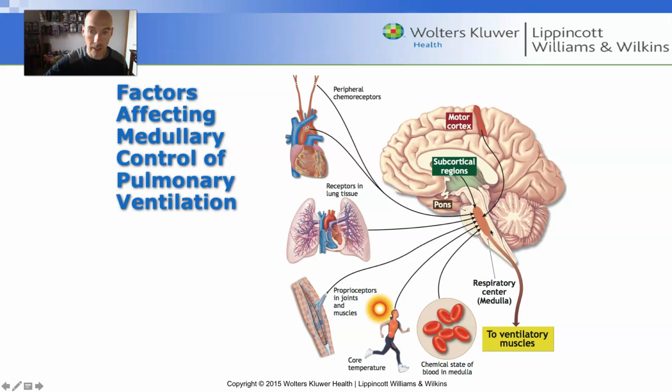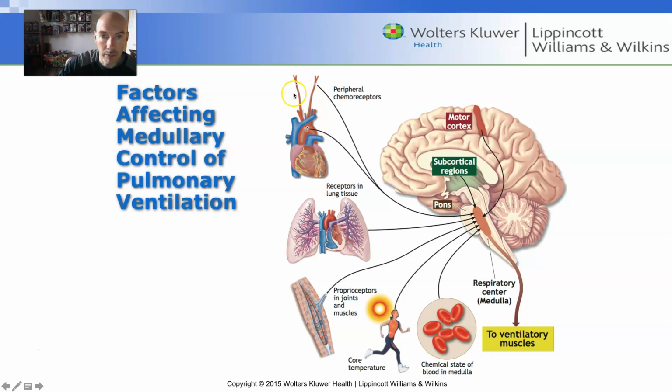That also stimulates the ventilatory muscles to start increasing their rate of contraction. So the rib muscles, which we call the intercostals, and the diaphragm start contracting more rapidly. And again, that helps us bring in more oxygen and push out more CO2.